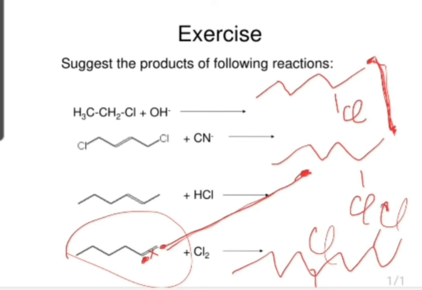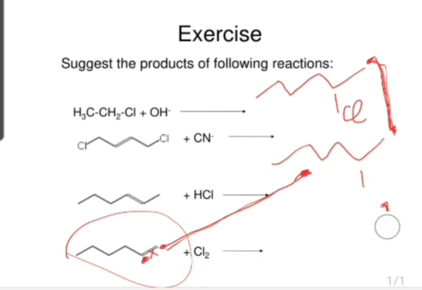Or the same one will bond with another chlorine, and the reaction will end, for example. If it bonds with a new chlorine here, which is also a radical, then the reaction will end here. Otherwise, there are different possibilities, as we discussed earlier.